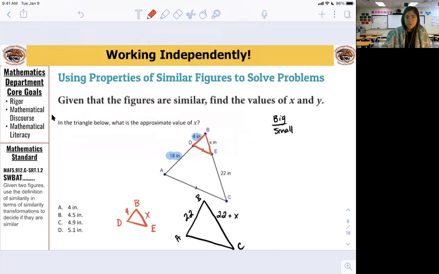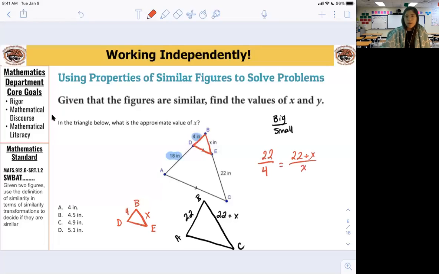18 over 4. Oh, never mind, 22. 22 over 4 equals 22 plus X over X. Good. Exactly.